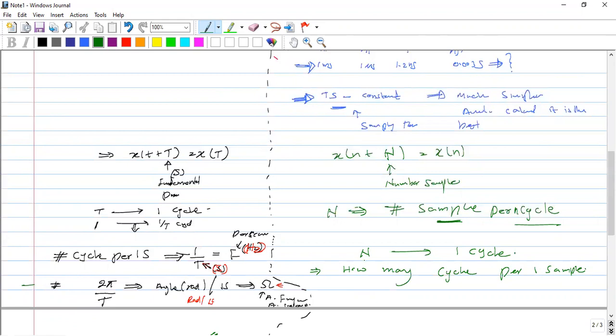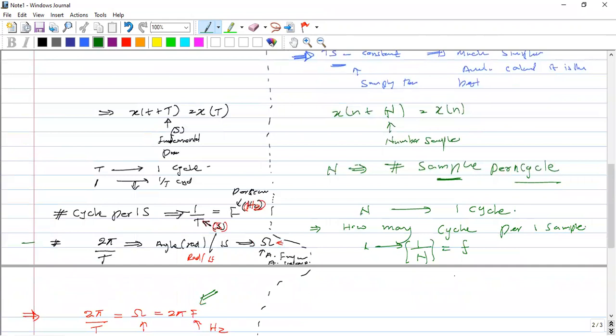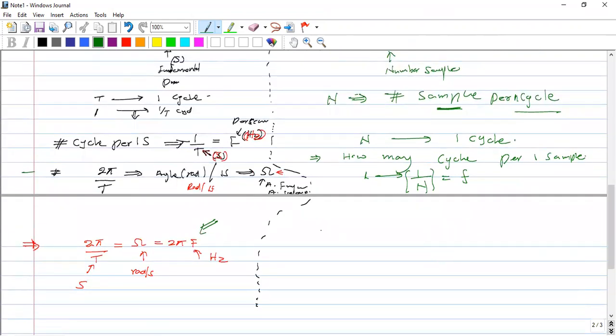Within N samples, one cycle is there. Then in one sample, 1 by N cycle should be there. So this is the frequency of the discrete time signal. Here 1 by N is equal to capital F.